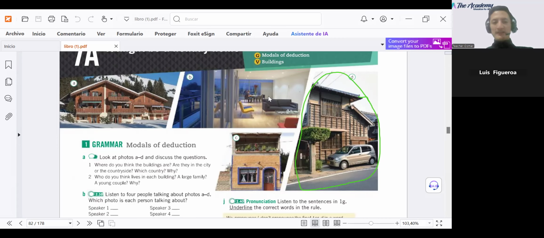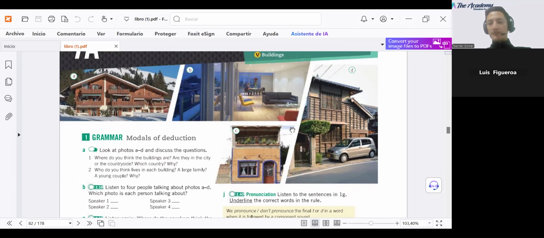So, Luis, are you ready? Yes, tenemos una idea. We have an idea. According to what we see in the picture, we're going to do a listening activity. Yes, Luis, we are going to listen for people talking about different pictures, different photos. So what you have to do, you have to identify the speaker. What picture is he talking about?